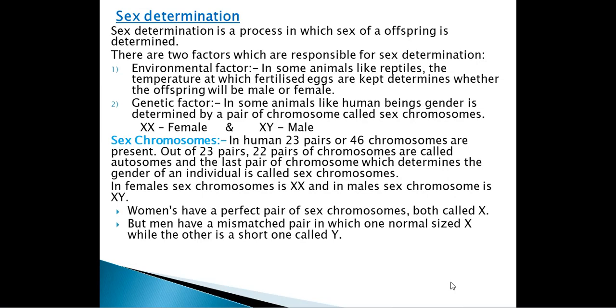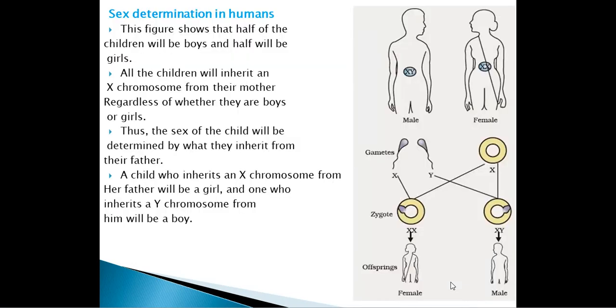Next, what is the difference between the sex chromosomes of male and female? Males have the XY combination, but females have the XX combination, which is similar. Now, who determines the sex in a child? The father is responsible for determination of sex in a child, because the father carries different types of chromosomes, X and Y, but the mother carries similar chromosomes, that is X and X.